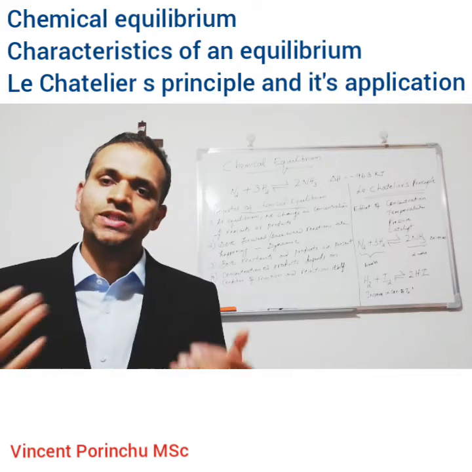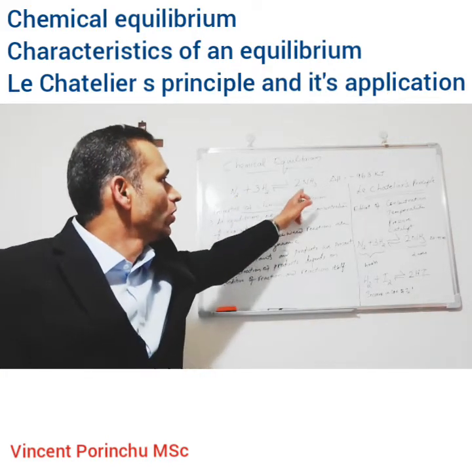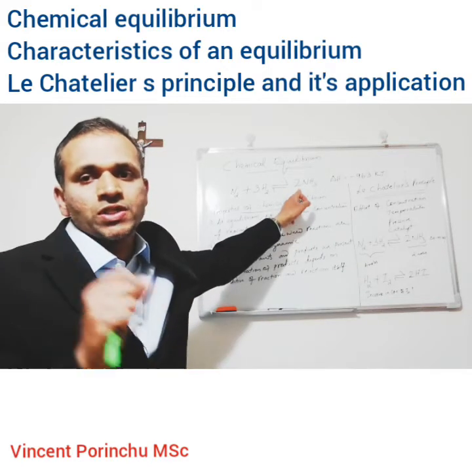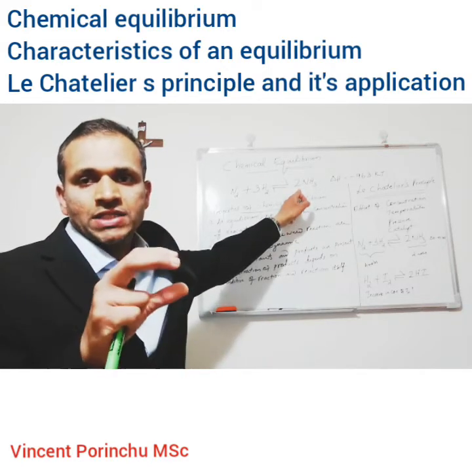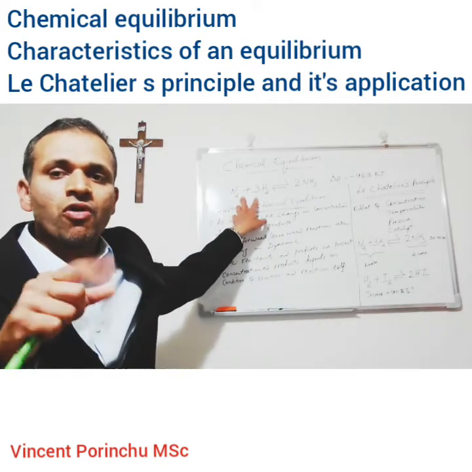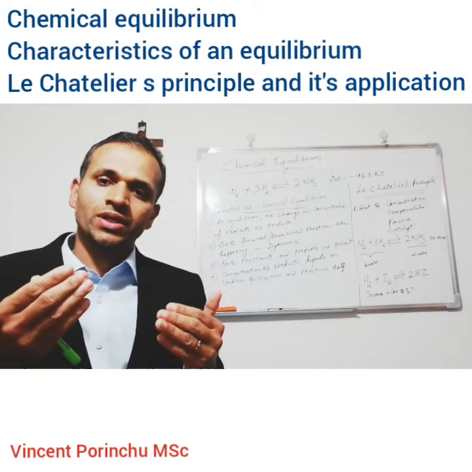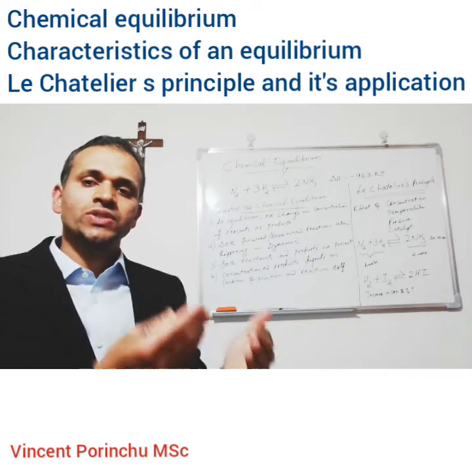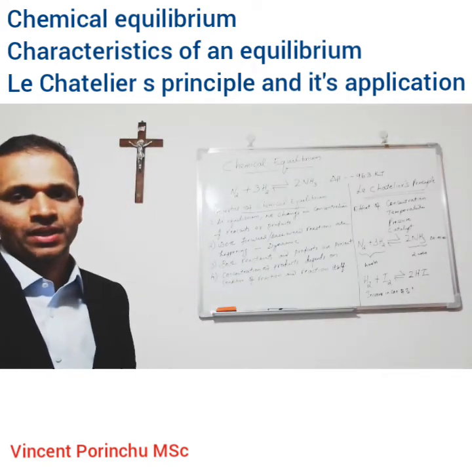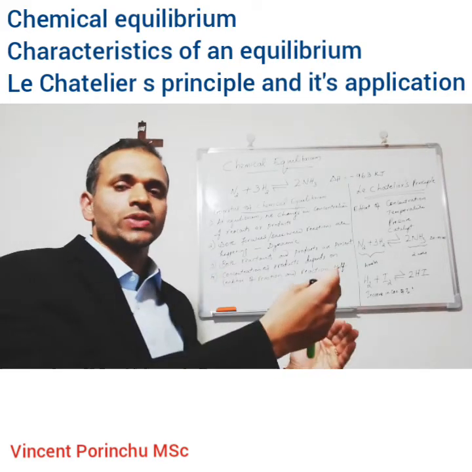That means if you increase the pressure, the equilibrium will move to the low volume side. On the side of products, there are 2 moles of ammonia. That means less volume compared to the reactant side. There are 4 moles of reactants. So if you increase the pressure, the system will try to reduce the volume by shifting the equilibrium towards the ammonia side.